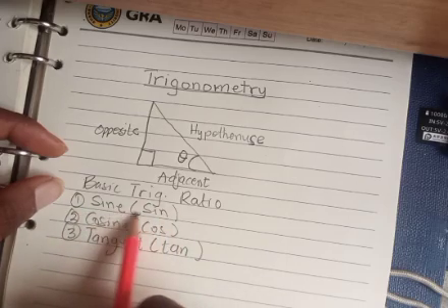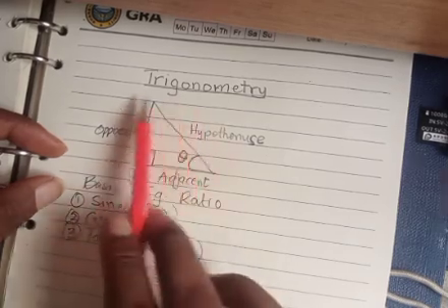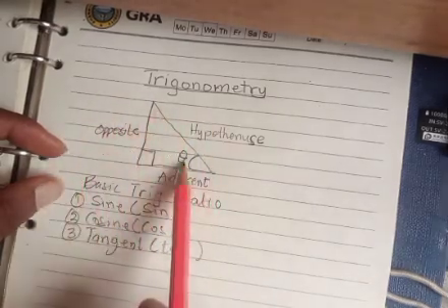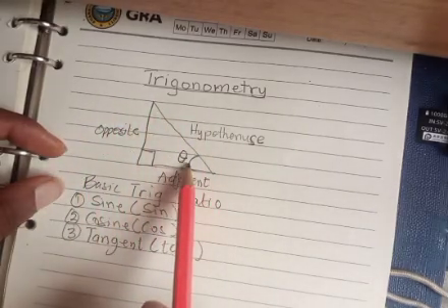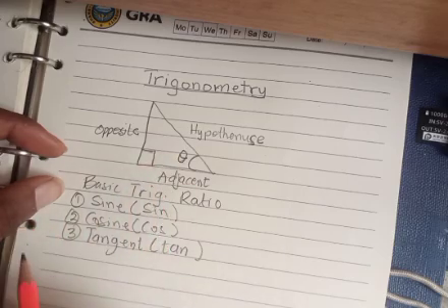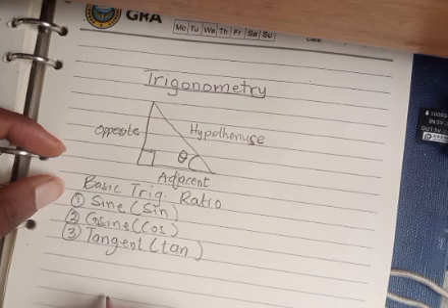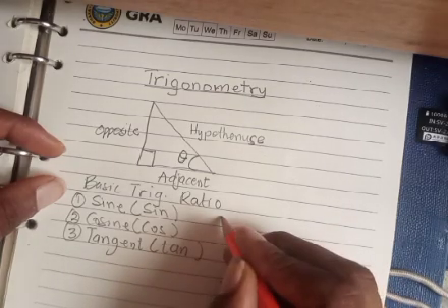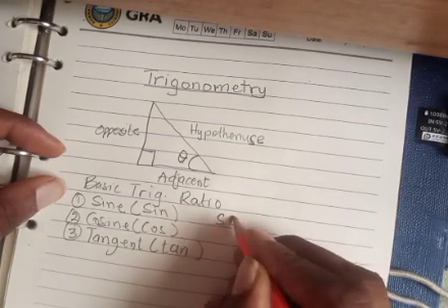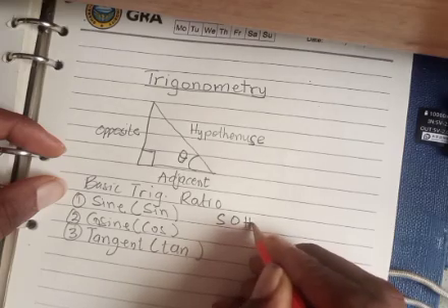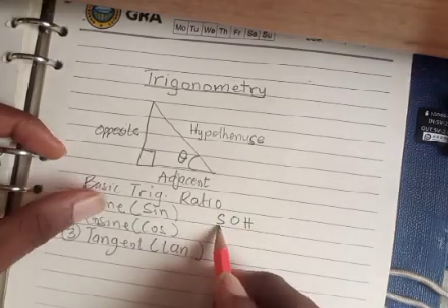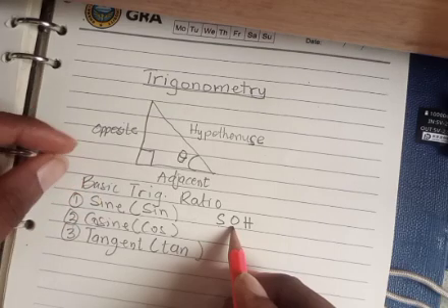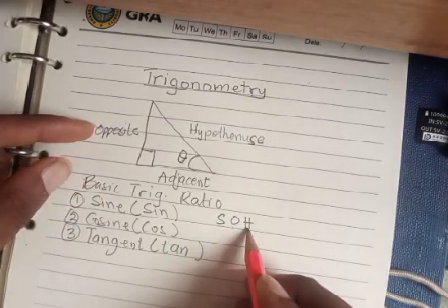Okay, so we want to derive a ratio for sine using the right-angled triangle, with another angle together with the right angle. For easy remembrance, we have a short form: SOH, where S stands for sine, O for opposite, and H for hypotenuse.